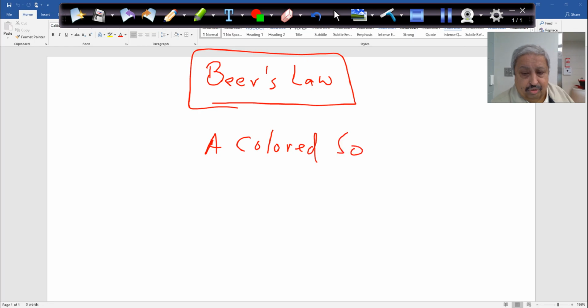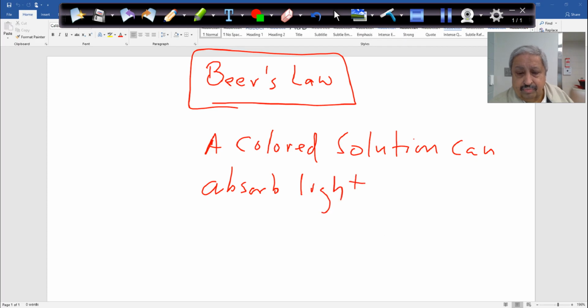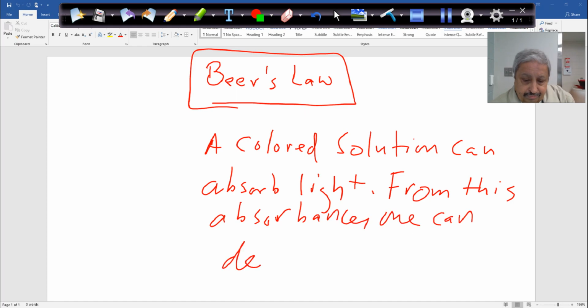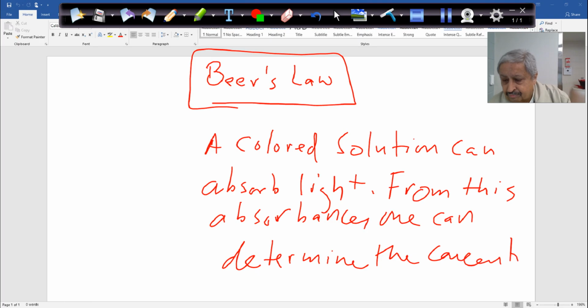A color solution can absorb light, and from this absorbance one can determine the concentration of this solution.